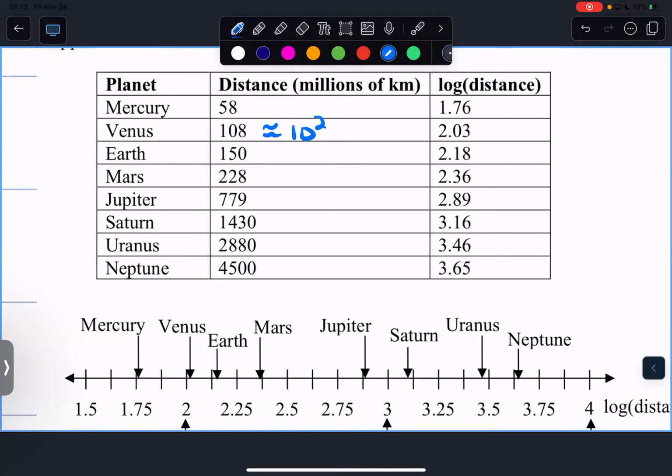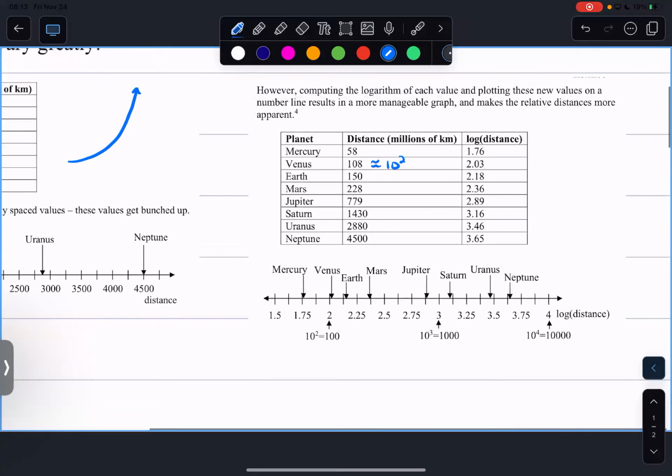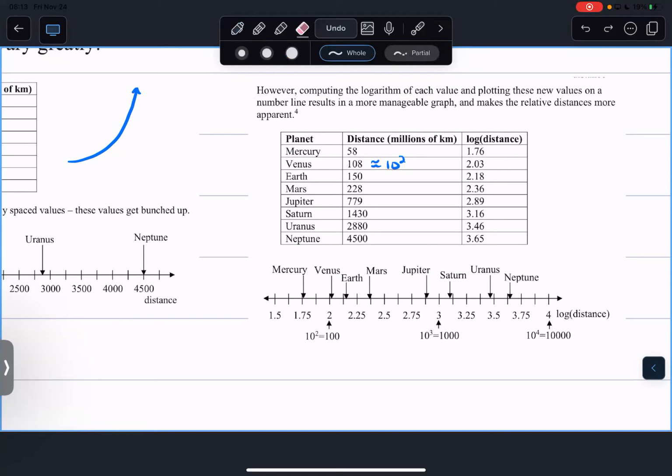And from our knowledge of logs, we've been using b, sorry guys: b to the power of x equals a. So 10 to the power of 2 is 108. That's why we're going to use 10, because we're going to be able to rewrite all these things in terms of 10 to the power of whatever.